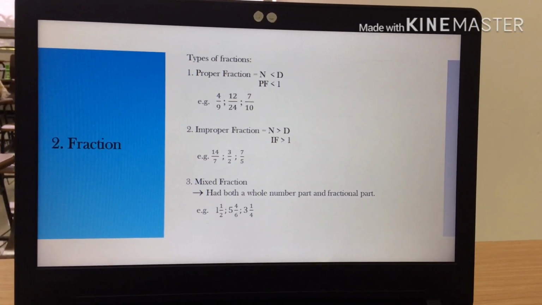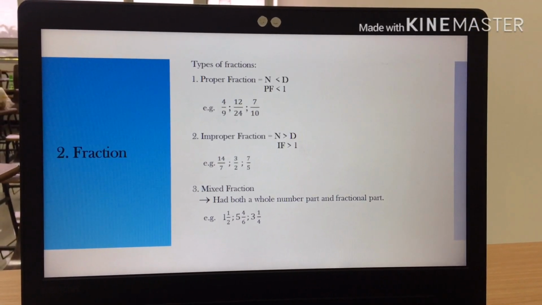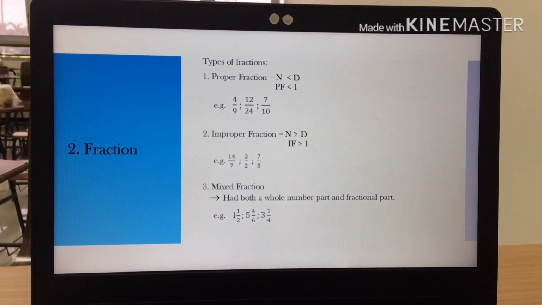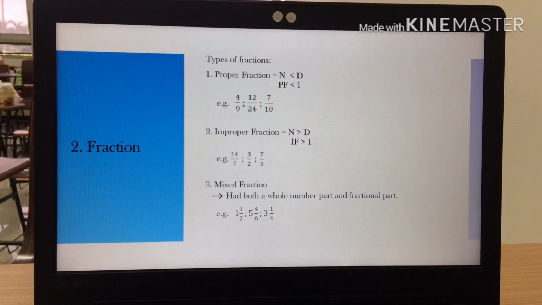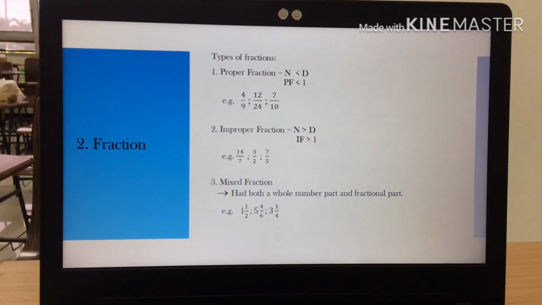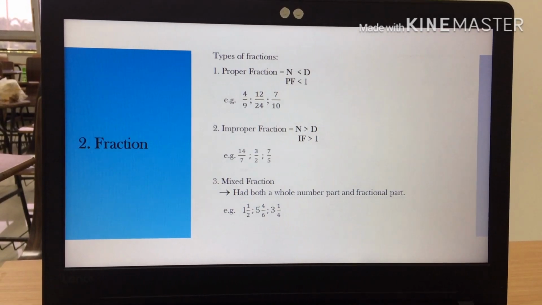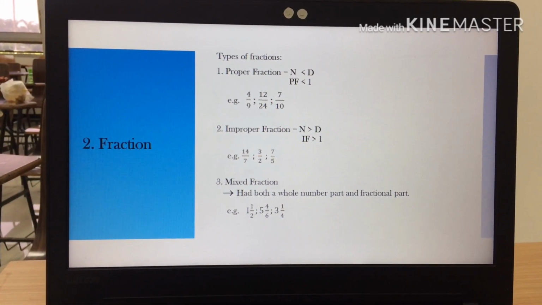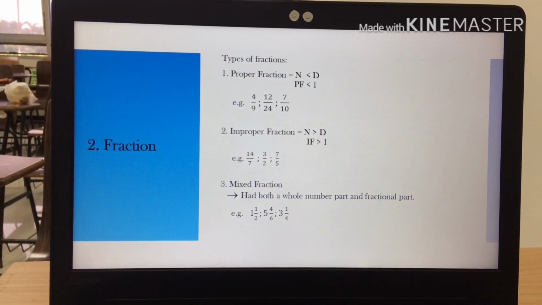Types of fraction. The first, proper fraction. Numerator less than denominator, and then proper fraction less than 1. For example, 4 over 9, and then 12 over 24, and then 7 over 10.